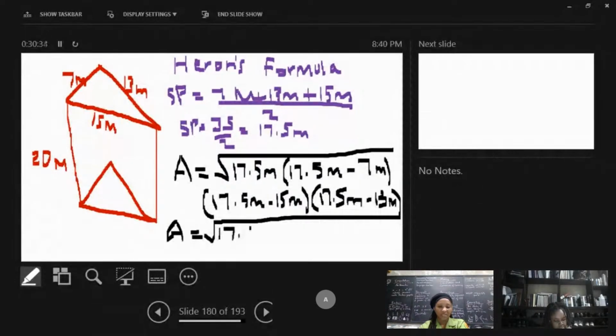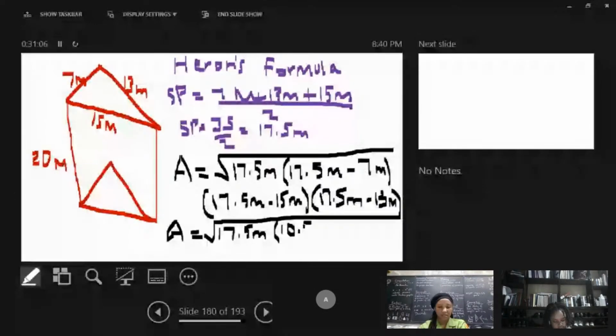So the 17.5. All right, so 17.5 minus 7. Miss, give me step by step. 17.5 minus 7 is 10.5.